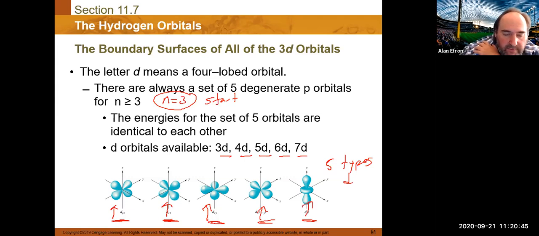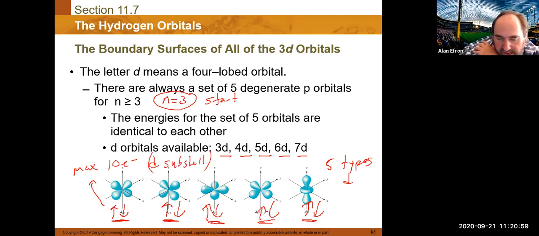So if I filled up all 5 of them, I would max out at 10 electrons for the d subshell. Again, taking all 5 of these individual d orbitals together is what gives me a d subshell.